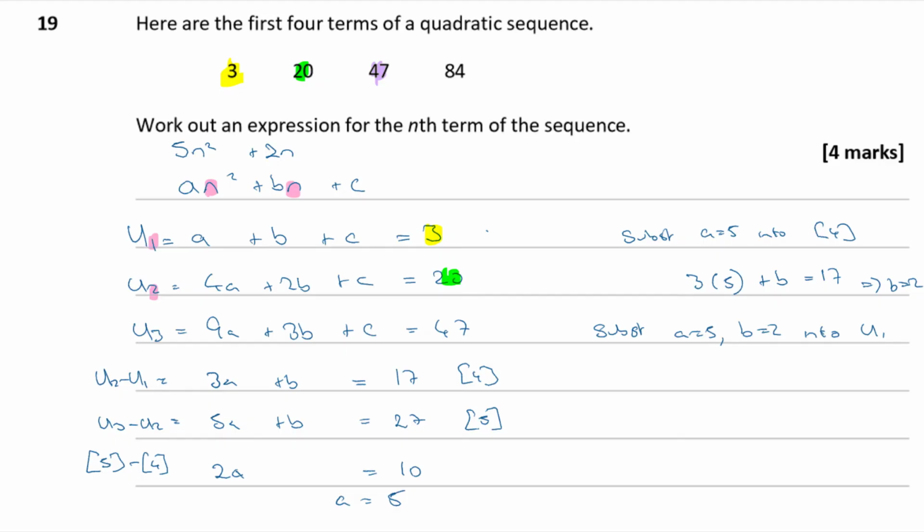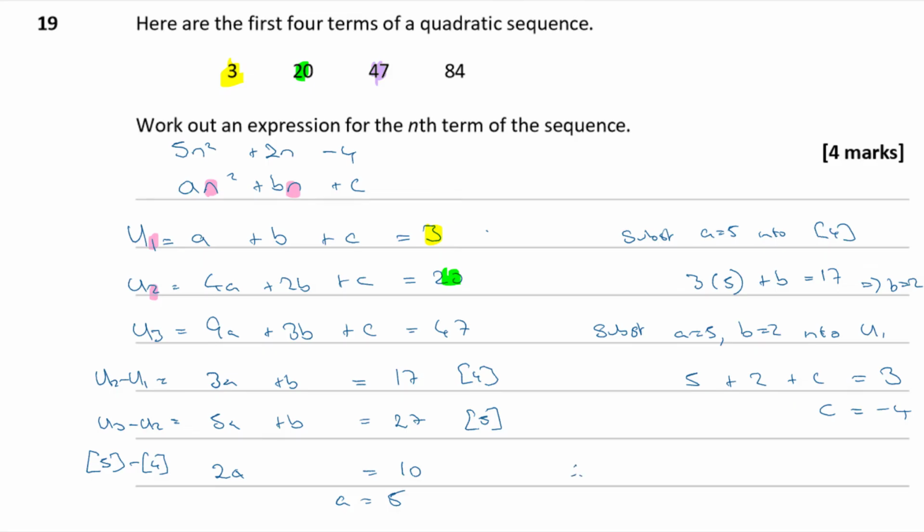I had a plus b plus c is 3. So a is 5 plus b is 2 plus c is equal to 3. So 5 plus 2 plus c is 3. 5 plus 2 is 7. Take 7 away from both sides. c must be equal to minus 4. So now I know it's 5n squared plus 2n minus 4.